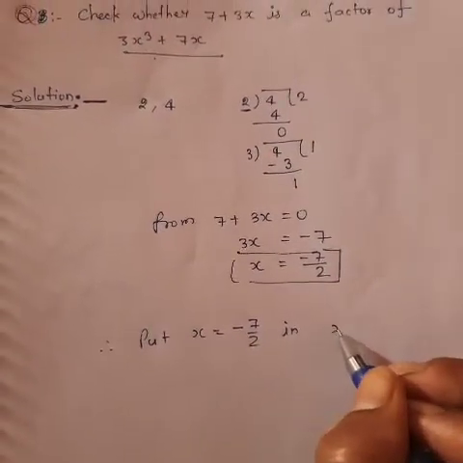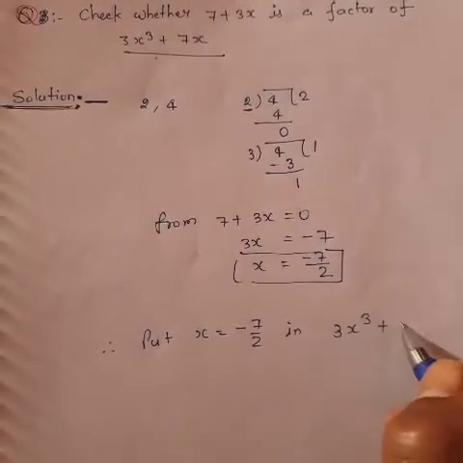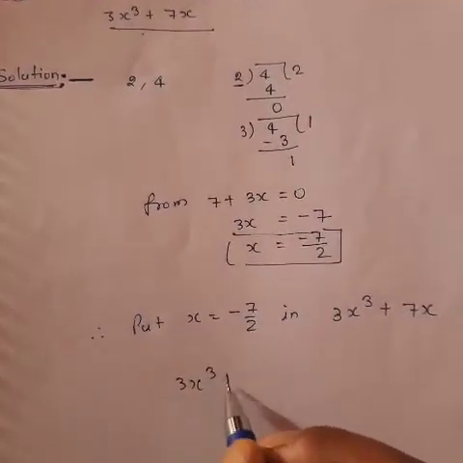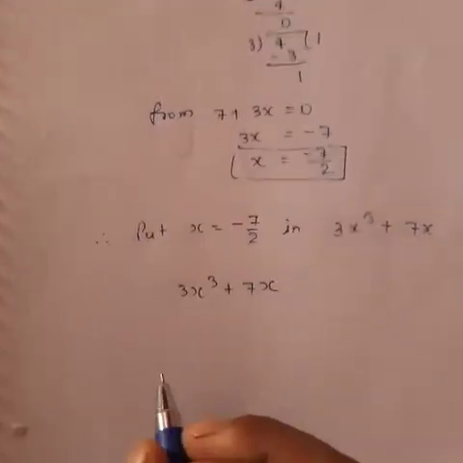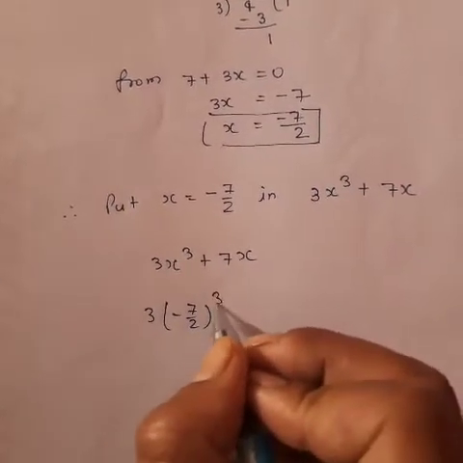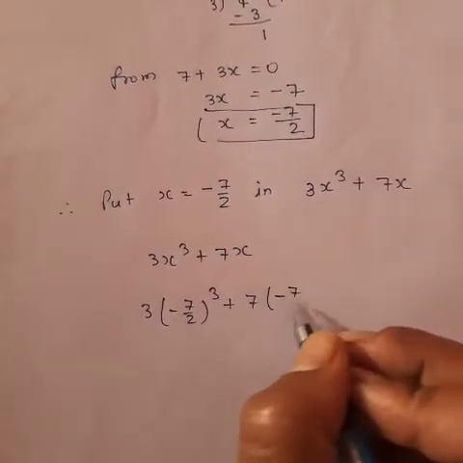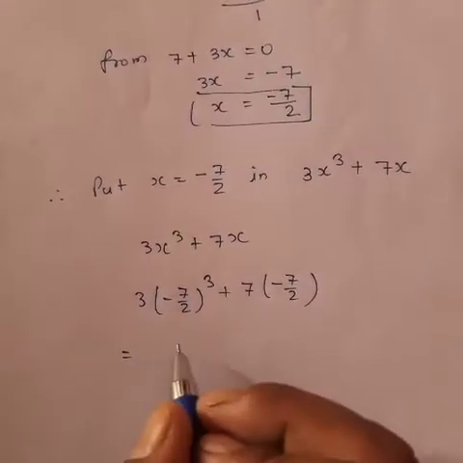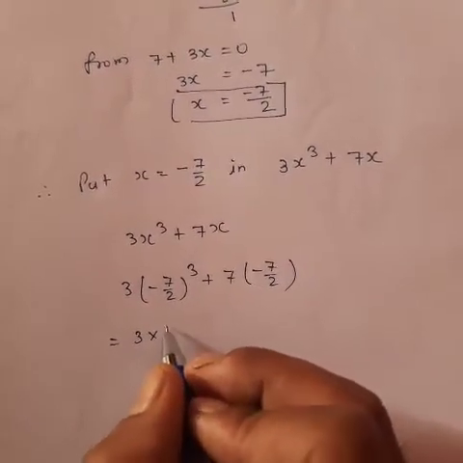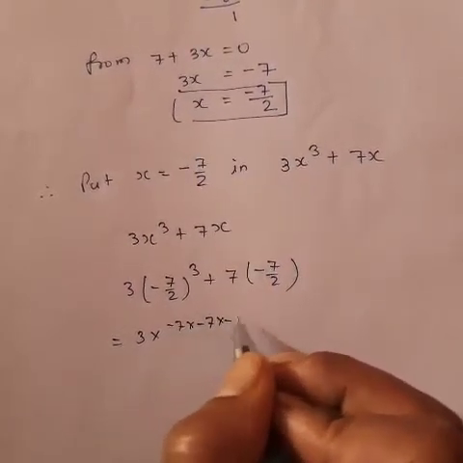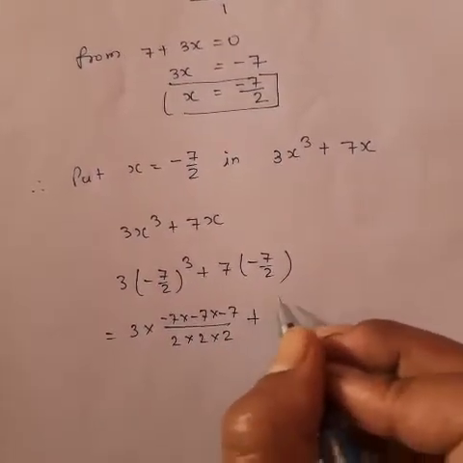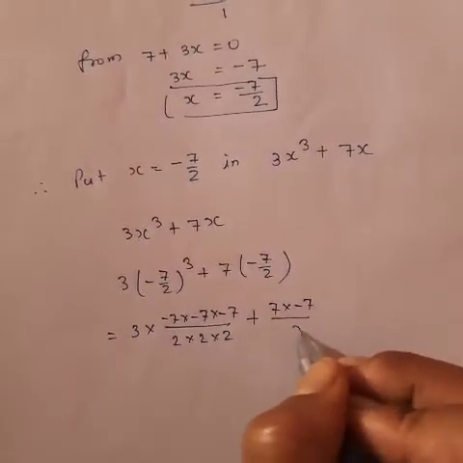And what is the given polynomial? The given polynomial is 3x cubed plus 7x. So 3x cubed plus 7x will become 3 into (minus 7 upon 3) cubed plus 7 into (minus 7 upon 3).